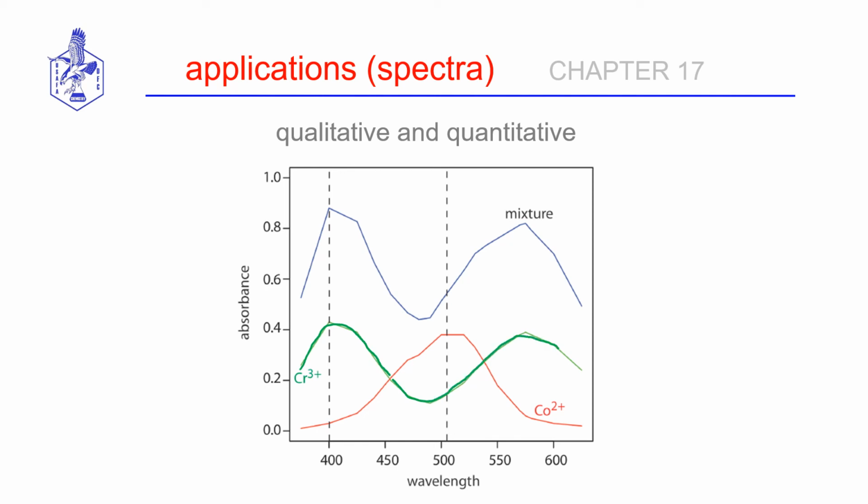You see there are 2 characteristic lambda max values for that species of interest. So we could identify potentially that chromium is present by virtue of the fact that we get absorption maxima at those 2 wavelengths.